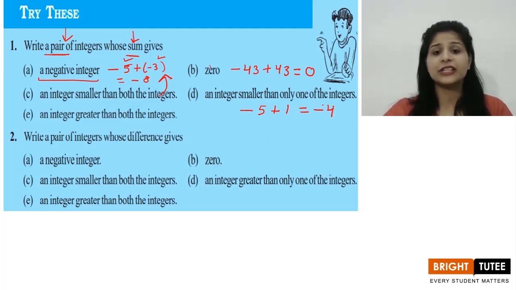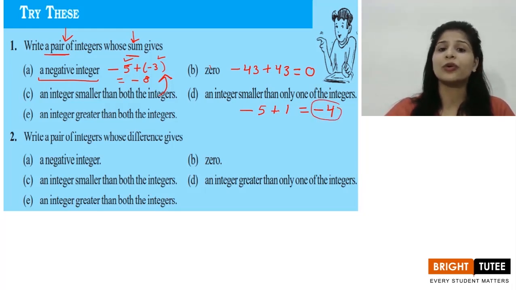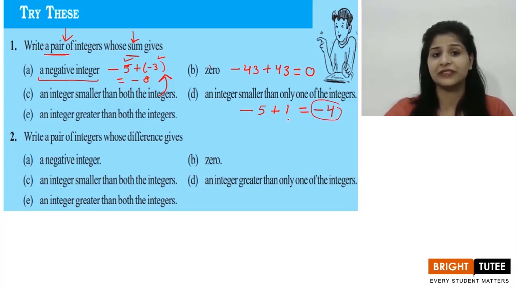So minus 4 is smaller than 1, but minus 4 is not smaller than minus 5. It is greater than minus 5, right? So we can say these are two examples of integers. When we add them, we are getting an integer which is smaller than only one of them. Like minus 4 is smaller than only 1 and not minus 5.